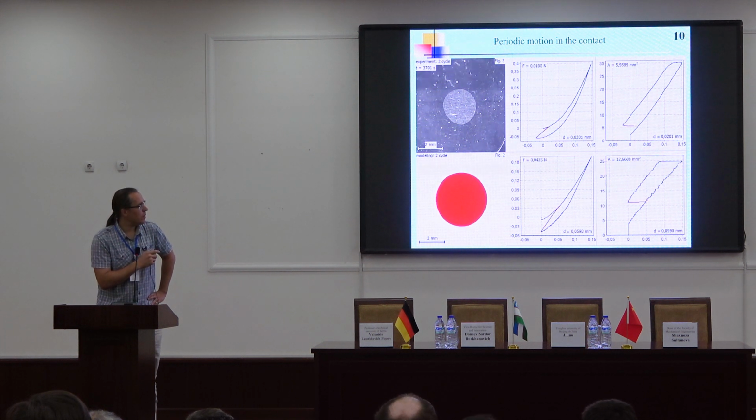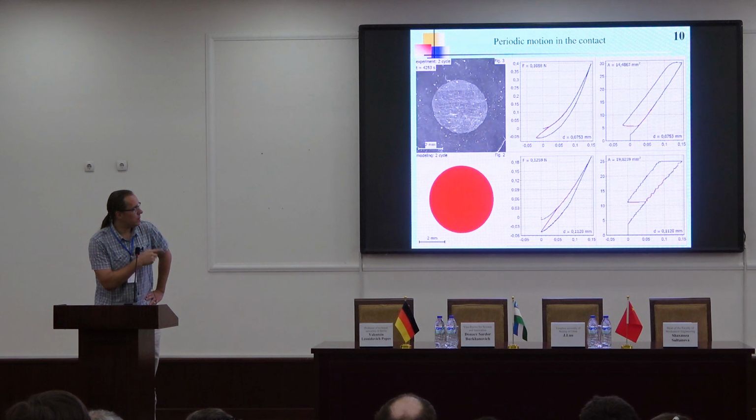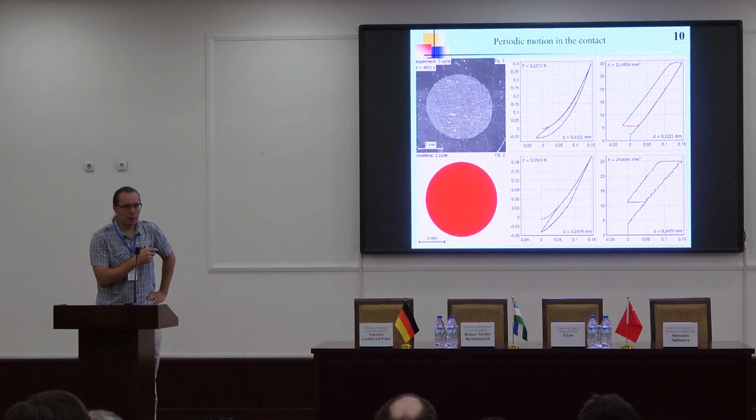But in a real experiment, in this dependence of force and indentation depth, you can see this hysteresis. And in principle, it looks like a cycle in thermodynamics. If we have the hysteresis, the area of this hysteresis is a dissipation of mechanical energy due to adhesion.